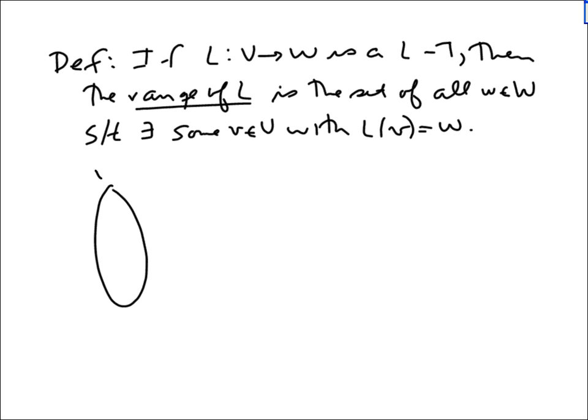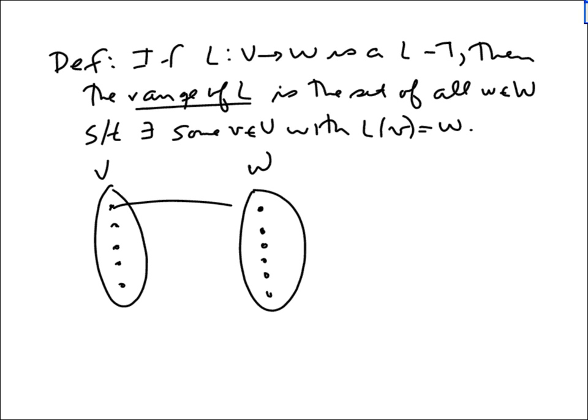For example, if this is V and this is W, and V has those 5 vectors, and vector space W has these 6 vectors, and this first vector goes there, and the second one also goes there, and the third one goes here, and the fourth one goes here, the fifth one goes here.